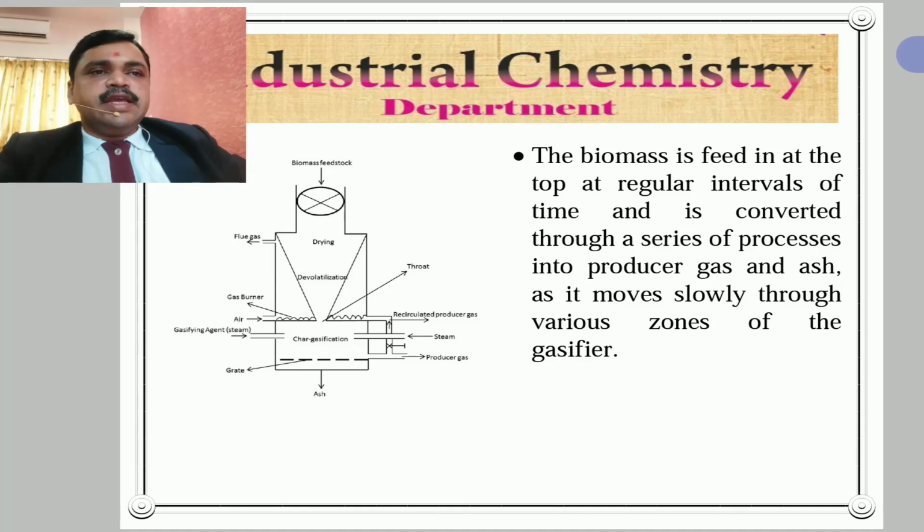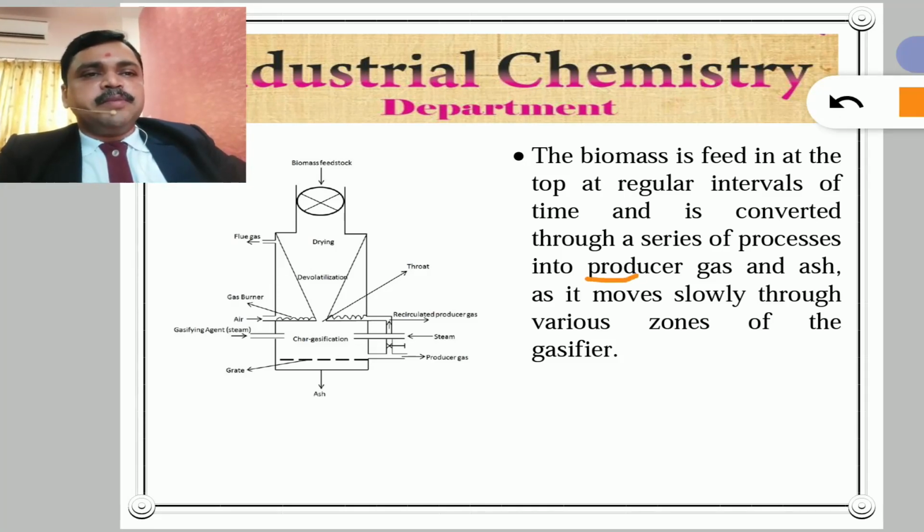The biomass is fed in at the top at regular intervals of time and is converted through a series of processes into producer gas and ash. After completion of the process we get two products: one is producer gas, which is a mixture of combustible gases, and the other is ash, as it moves slowly through various zones of the gasifier.